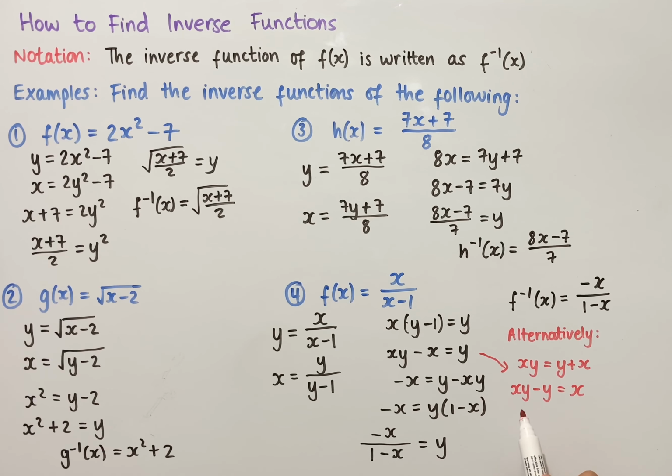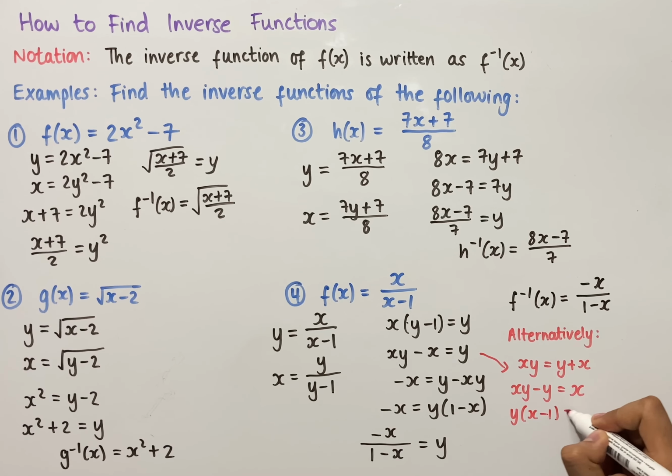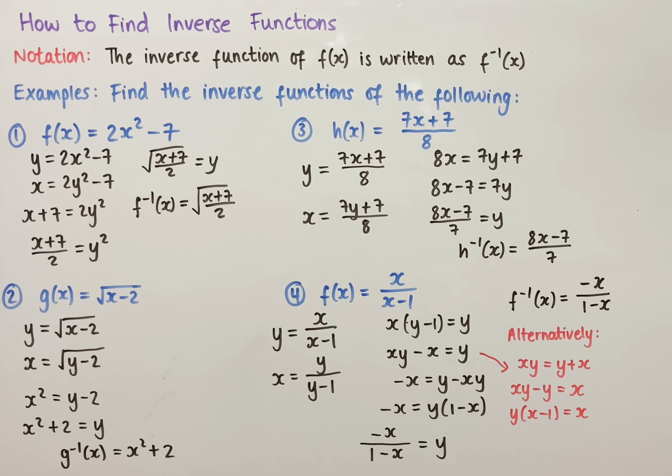And now, because the two terms that have y in them are both on the same side of the equation, we can factorize y out. And so this gives us y brackets x minus 1, which equals x. And then finally, dividing both sides by x minus 1 gives us y equals x all over x minus 1. And so using inverse function notation, we have f inverse of x equals x over x minus 1.